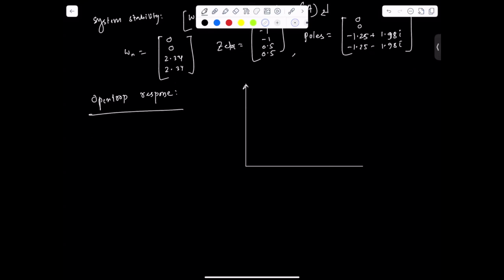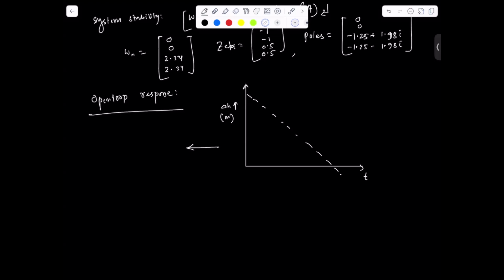We are assuming an aircraft. This is the altitude, this is the time, and this is in meters. So it is actually going like this. We have the code for this plot, and at the end of the lecture, I'll show the MATLAB code of this figure.